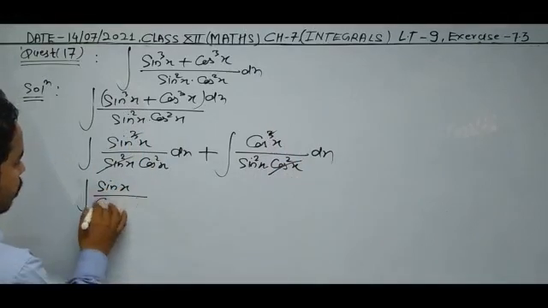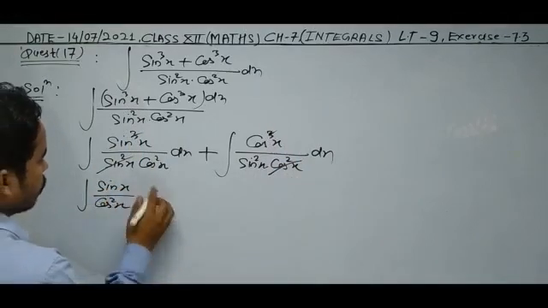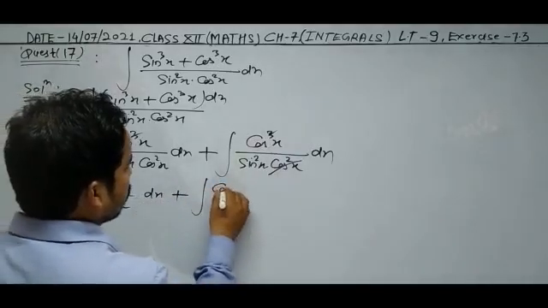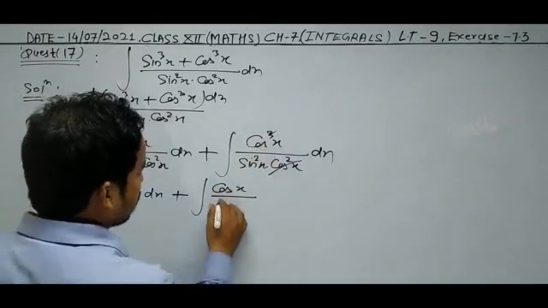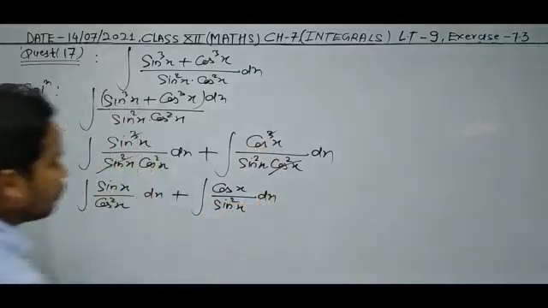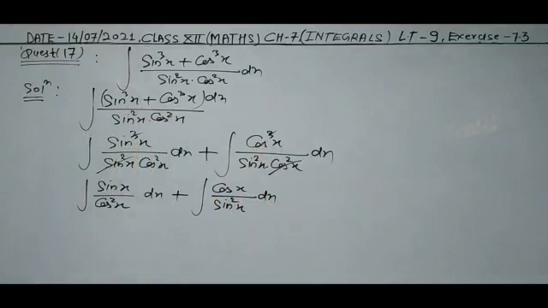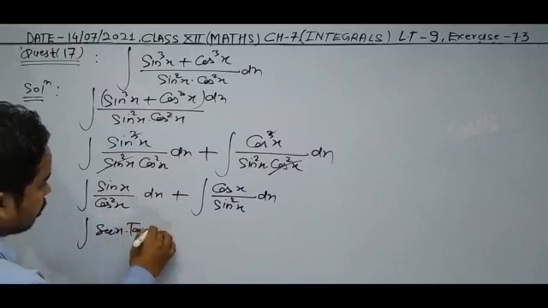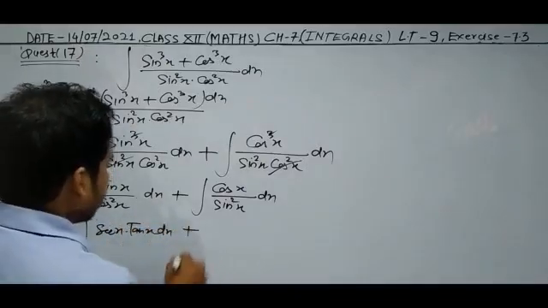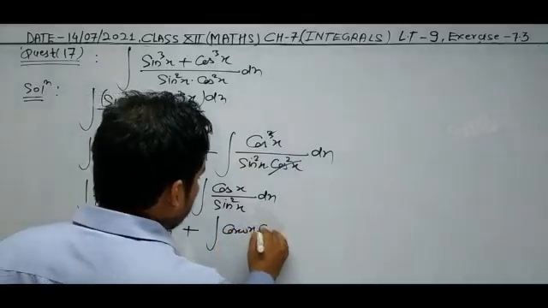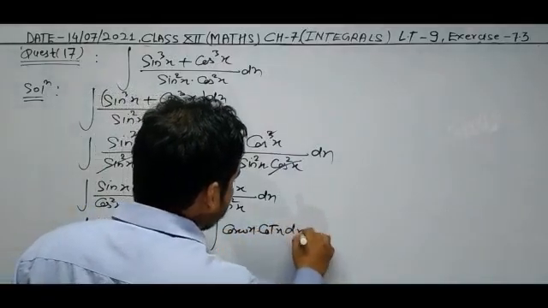Sin x upon cos square x dx will be left. Similarly, cos x upon sin square x dx will be left. So this expression can be written as sec x into tan x dx, and this one can be written as cosec x into cot x dx.